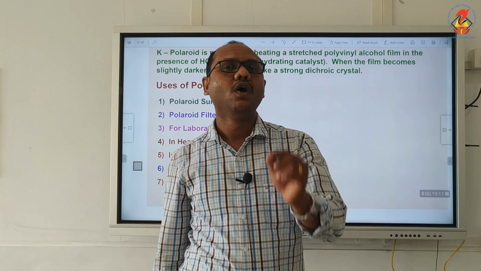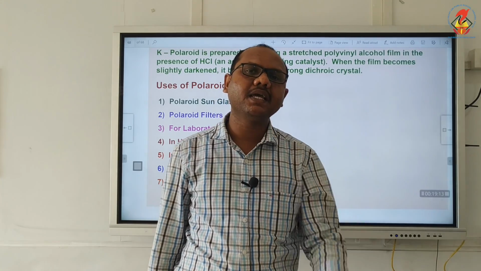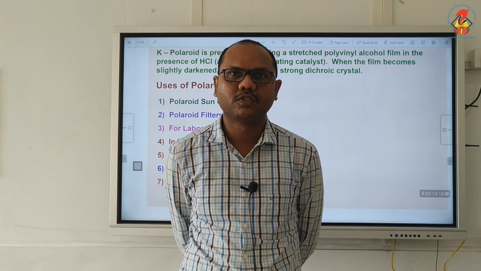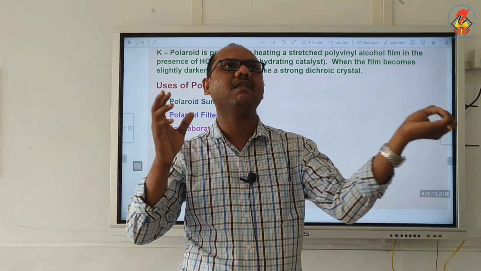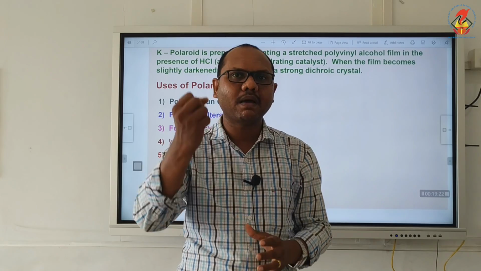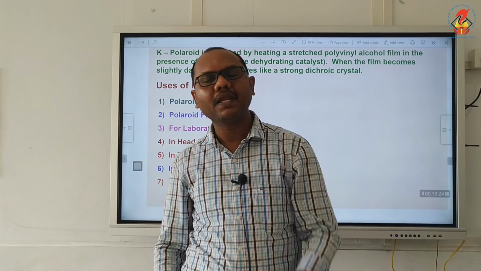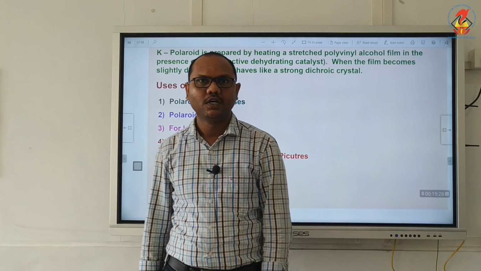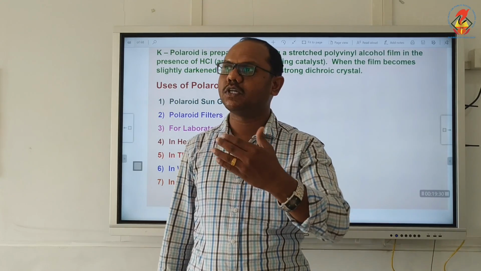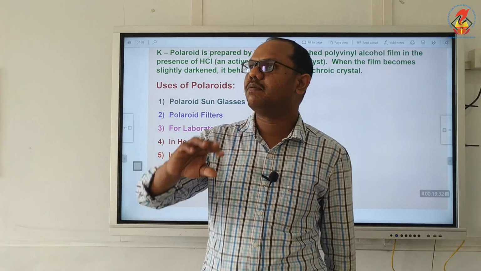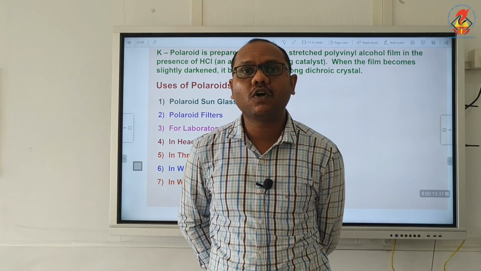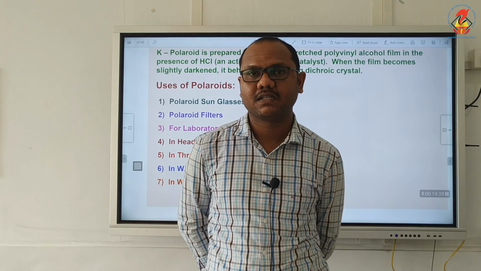But only the perpendicular vibrations can be sent by the molecule. So the parallel vibrations of the electric field will be absorbed by the molecule, and perpendicular vibrations of the electric field will be transmitted to the observer. So the observer standing on the ground will be seeing polarized light. That is called polarization by scattering.